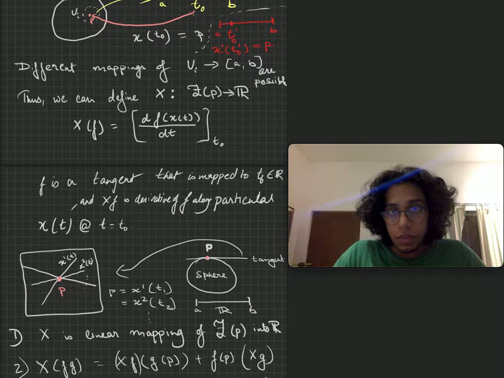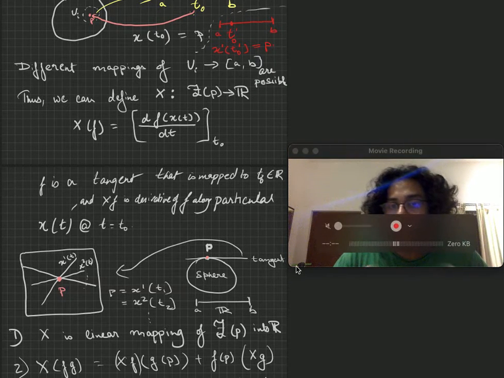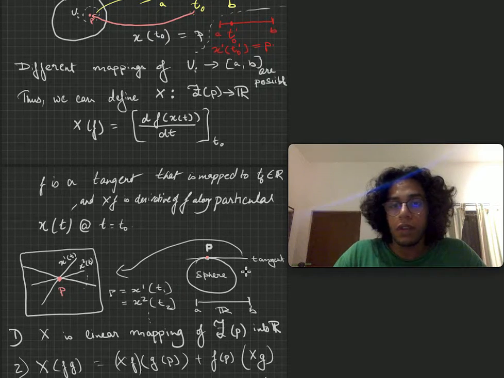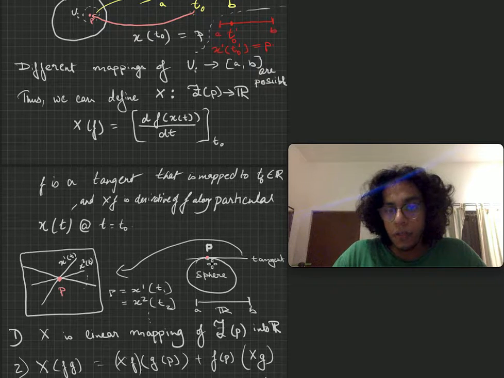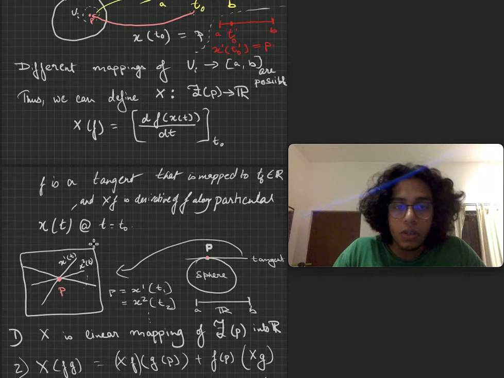In the case of a sphere, you see that there are infinitely many tangents that are drawable. Tangents in the sense of one line or a curve, right? So how does the tangent look? The tangent looks something like this, right?